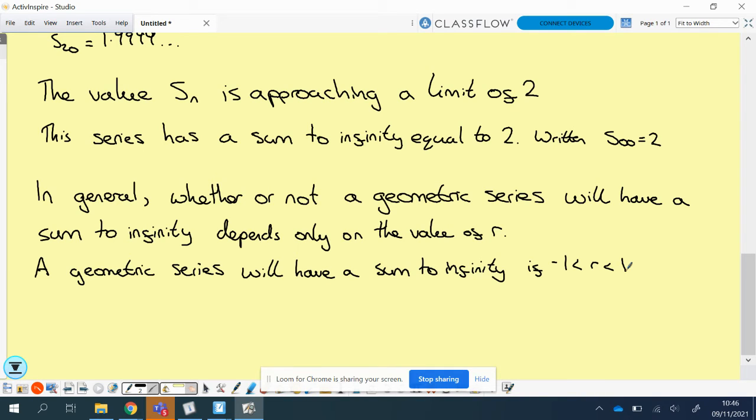Notice how I'm not saying that it has to be less than or equal to, or greater than or equal to. It has to be between -1 and 1. Because if it's a value 1, for example, that's what you're multiplying everything by, it would just stay the same. So you're summing up a, n times basically. Whereas if it's greater than -1 but less than 1, then the numbers do go to a limit as you sum them up.